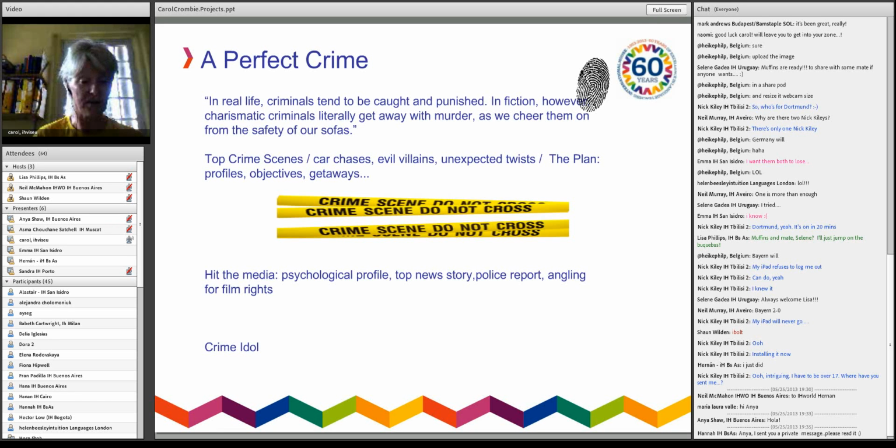then they have to do the written outcome. What we try to do here is give, groups are usually 3 to 4 students, so everybody gets a different thing to be working on, so that we don't have one collaborative text put together. In this case, somebody is going to write a psychological profile of the criminal, or the leader of the gang. Someone else is going to write a news story to appear on the front page of the newspaper. Someone else can be working on a police report, and someone else, not preparing a script, but preparing the story outline that they could present to Hollywood as they are trying to pitch their film.